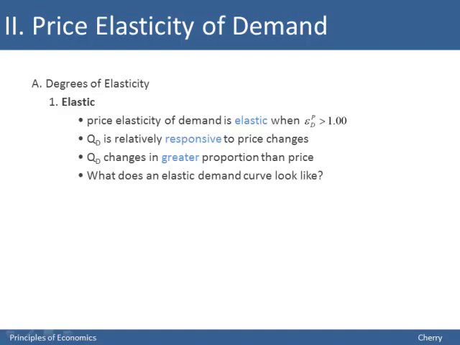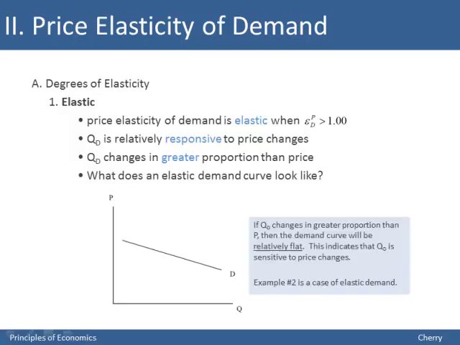And what this means is that quantity demanded is relatively responsive to the price change. Quantity demanded changes in greater proportion than the price change itself. So what does an elastic demand curve look like? It's going to be relatively flat.